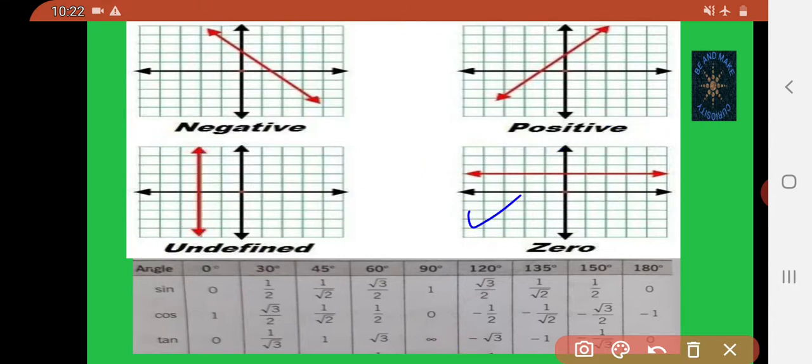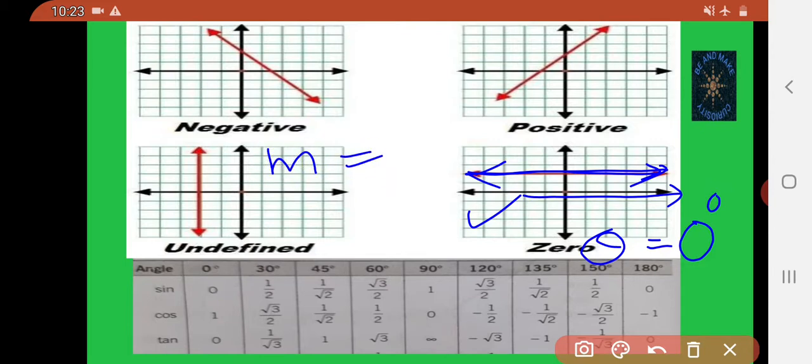Here you see a horizontal line, the angle between the horizontal line and positive x-axis is 0 degree.